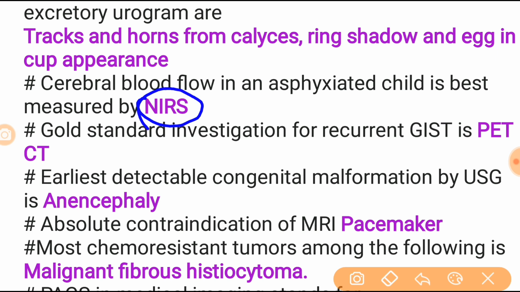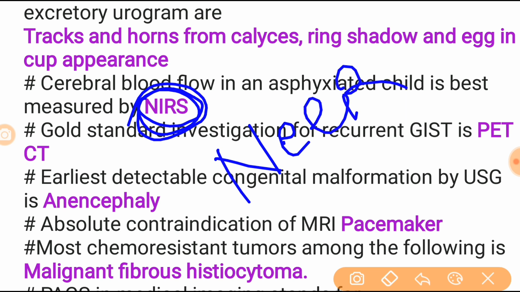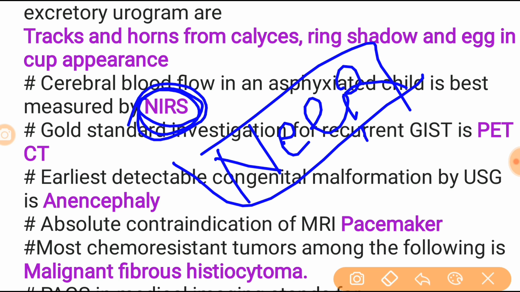You have to remember NIRS. NIRS you can remember by neonate, for the cerebral blood flow. The next trick is NIRS, near-infrared, which indicates blood flow.